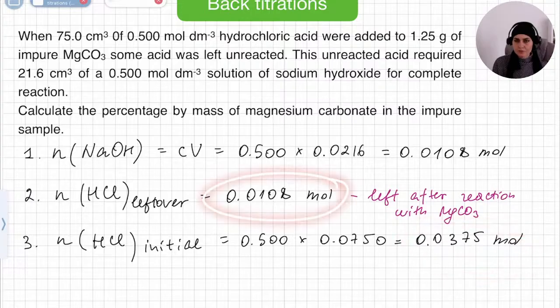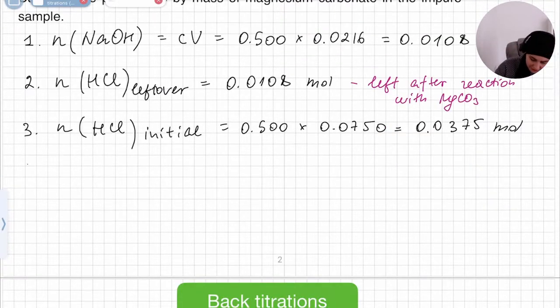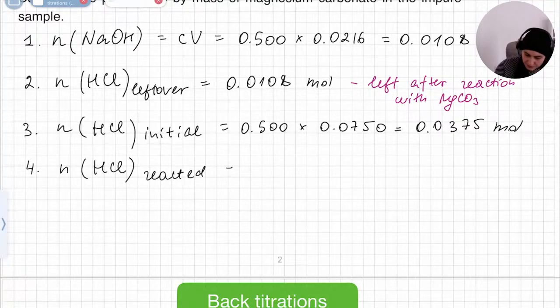So I know that this is the amount of moles that we've added to magnesium carbonate. This is the amount of moles that was left after the reaction. And if I subtract, I would find the amount of moles of HCl that reacted with magnesium carbonate. That would be the initial amount minus what was left, so minus 0.0108.